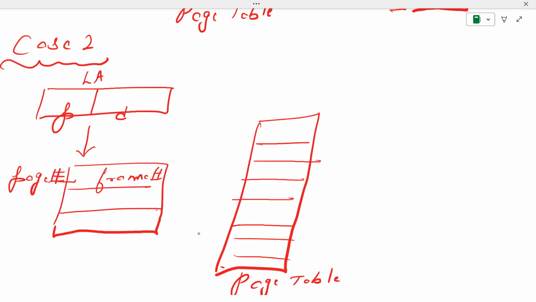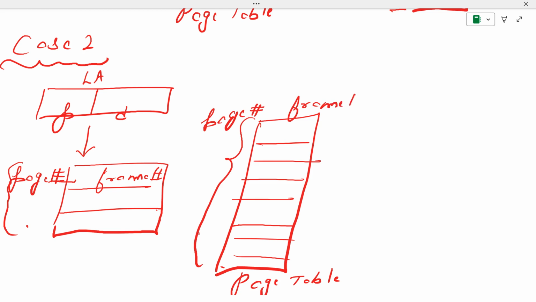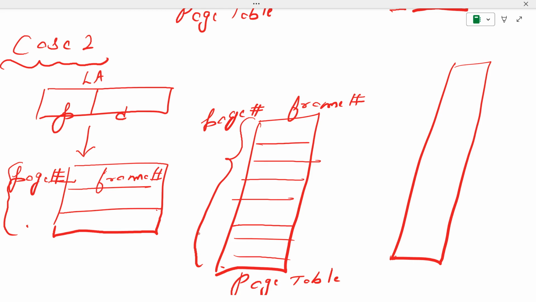The page table will contain all the page numbers present in the logical memory and the corresponding frame number if it is present inside the physical memory, but if it is not, then it will contain null. Here we are just referring to some pages. So this part is not inside the main memory. This is implemented with the help of associative registers.